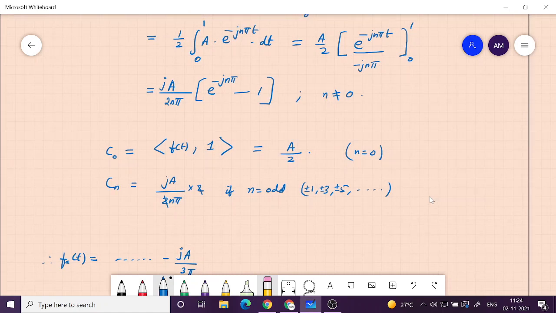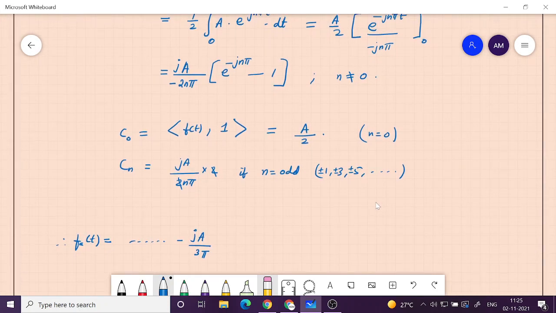I think I missed one minus sign. So there is a minus sign here. This minus sign should remain here.